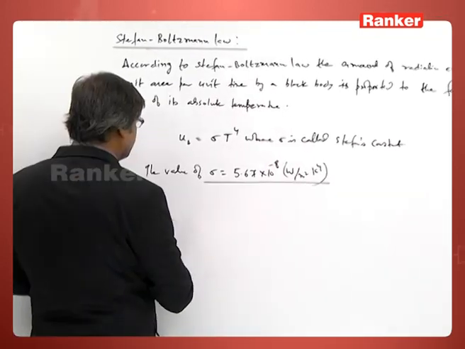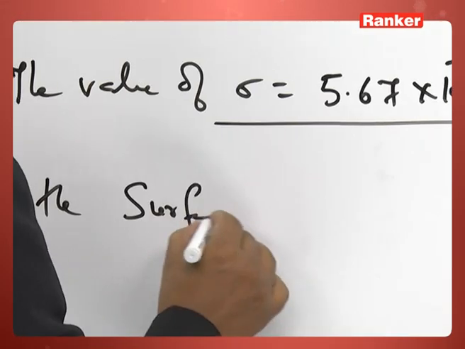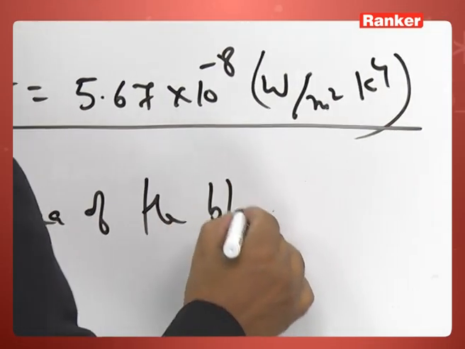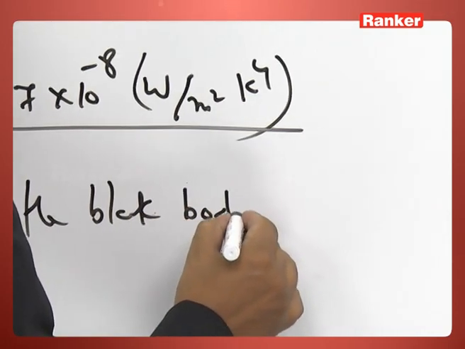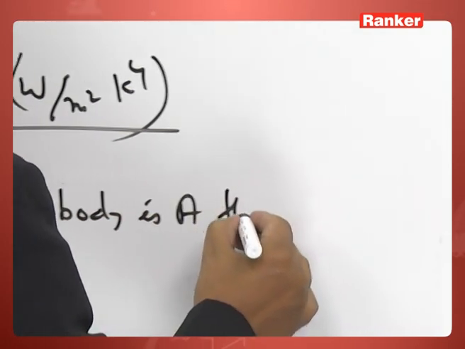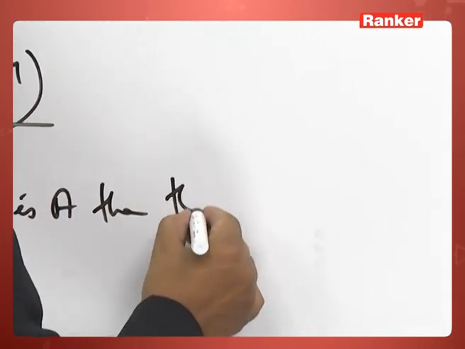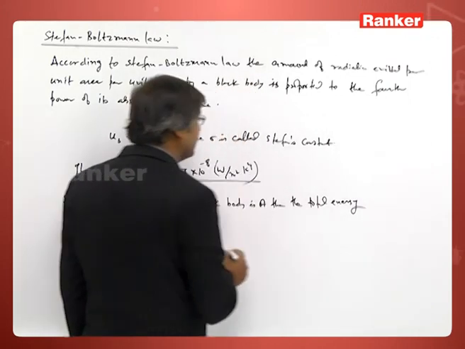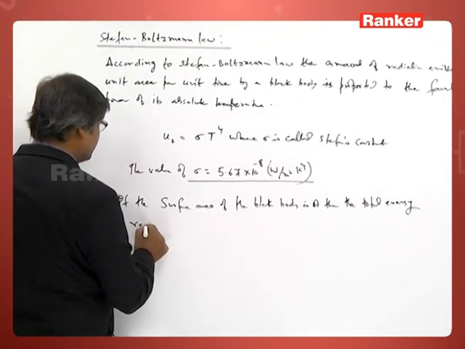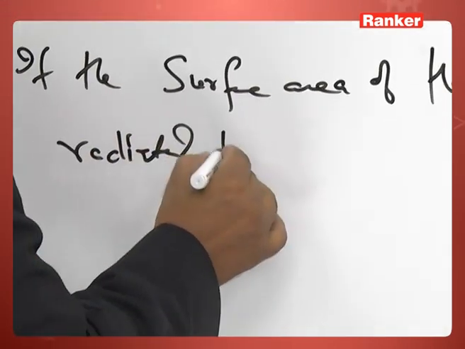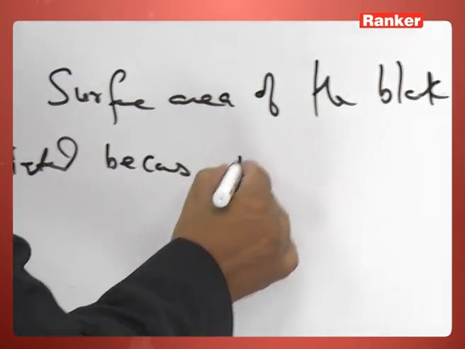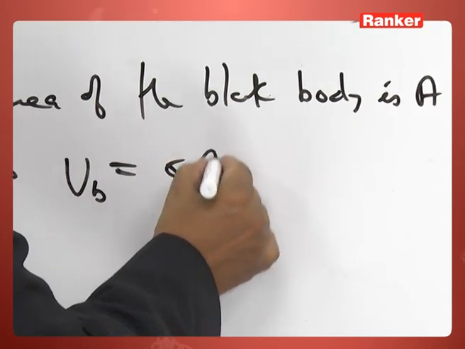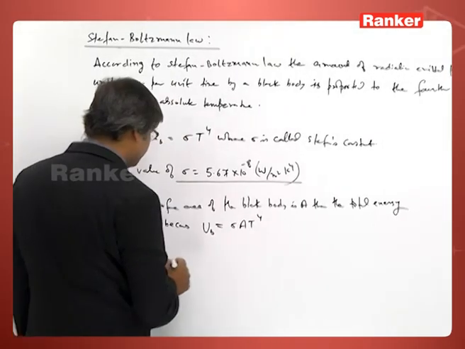Now, if the surface area of the black body is A, then the total energy radiated becomes U of a black body is sigma A T to the power 4.